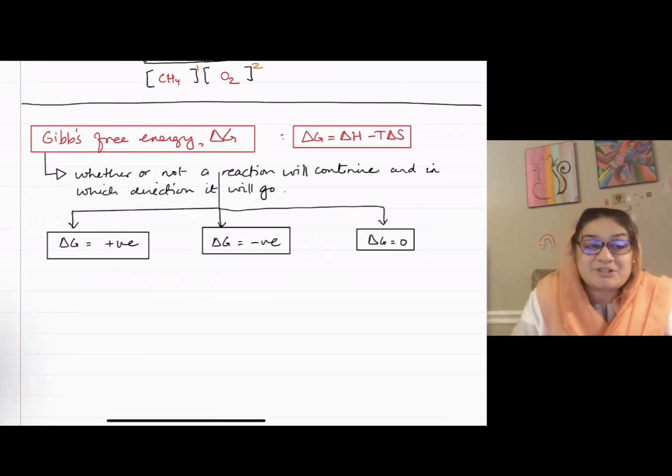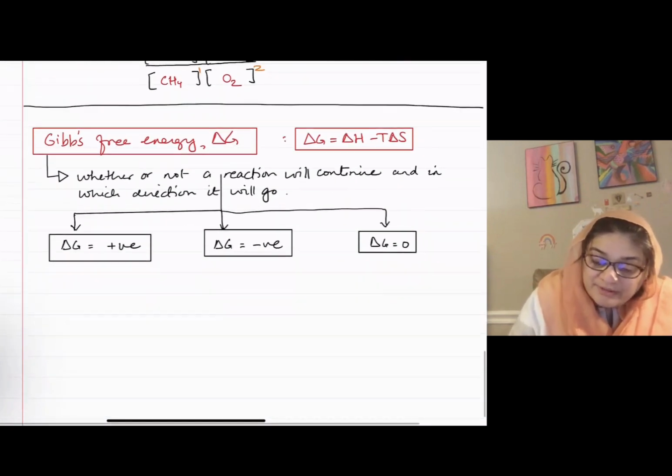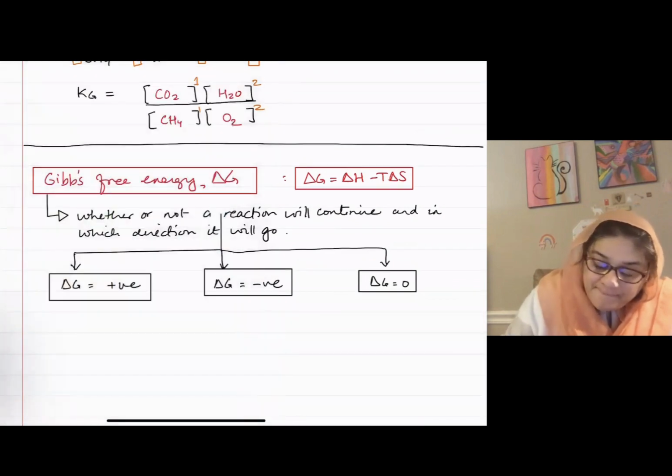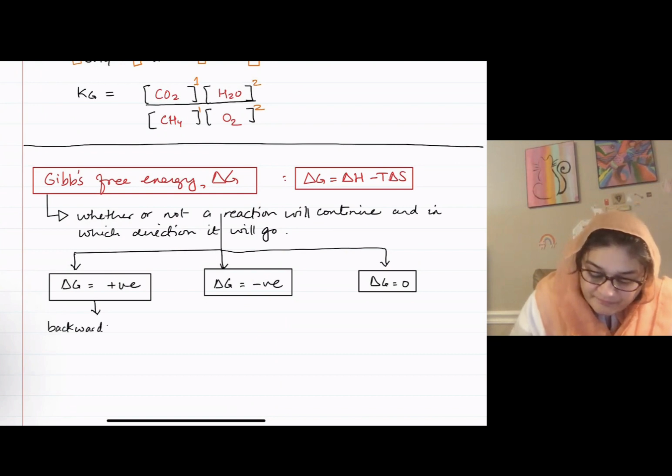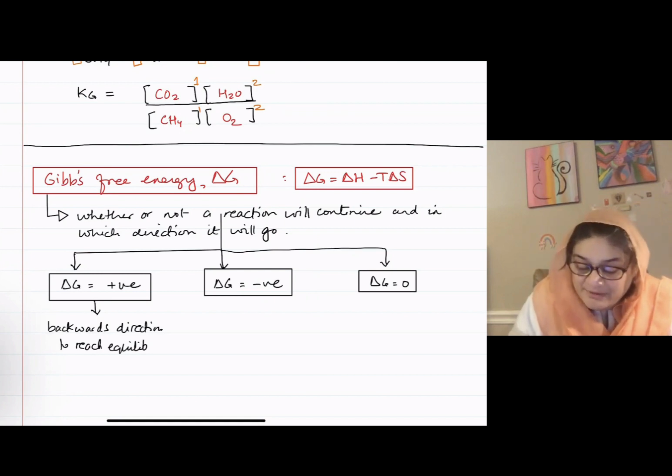So when delta G is positive, that means that the reaction, in order to reach equilibrium, must go in a backward direction. So that means the reaction will go to the left.